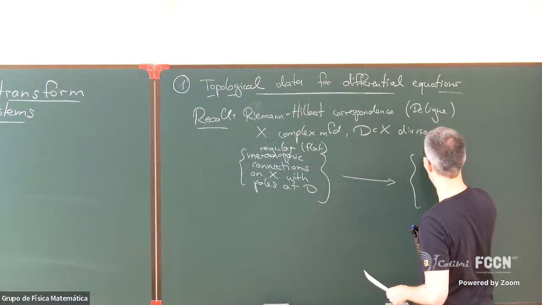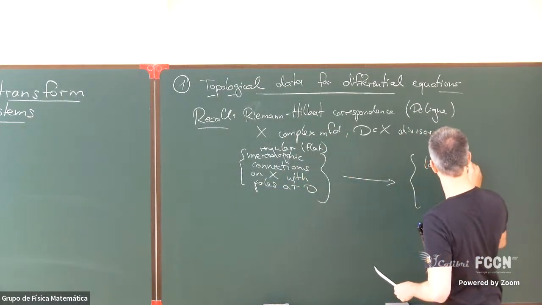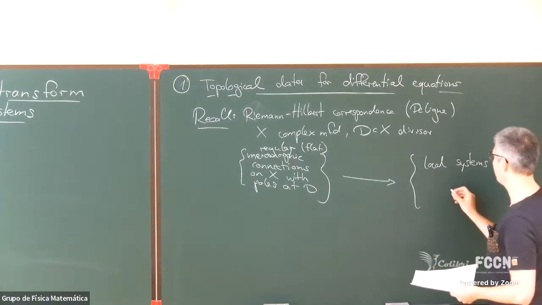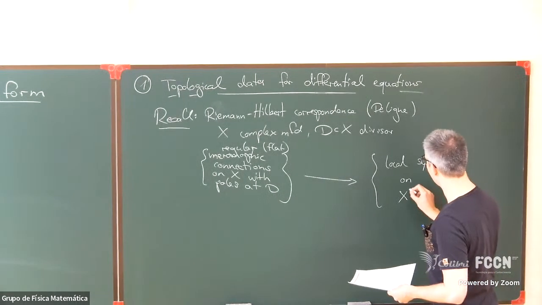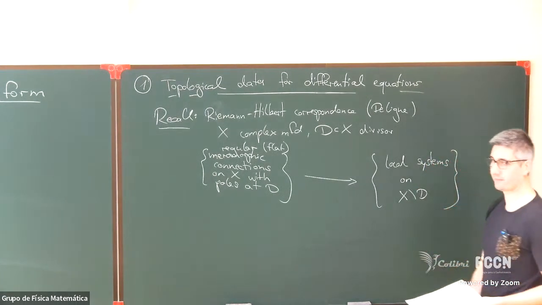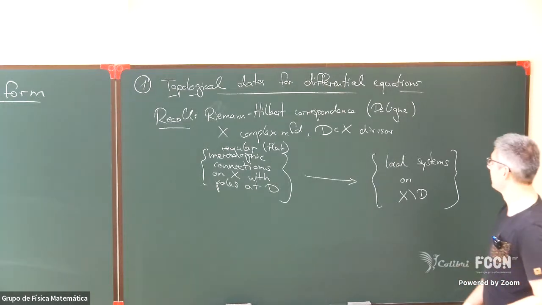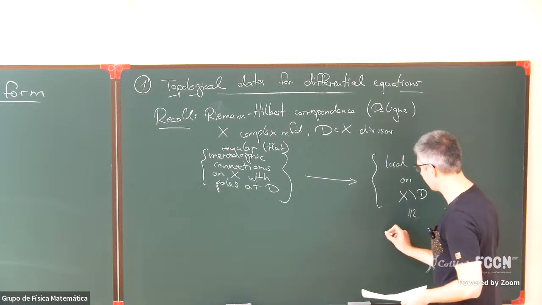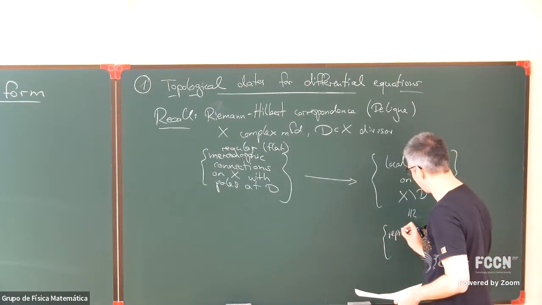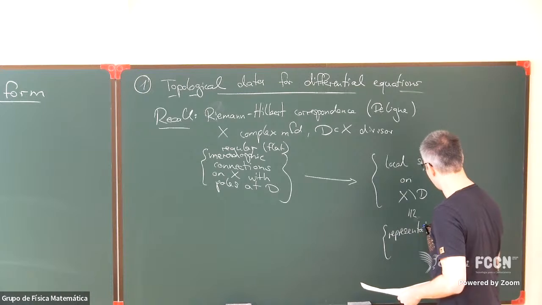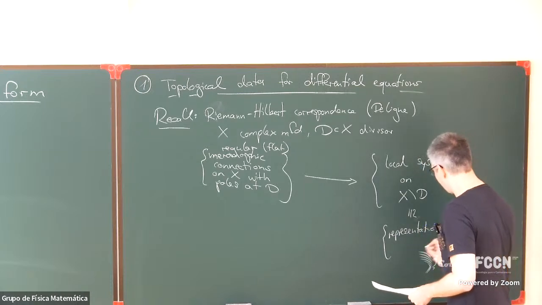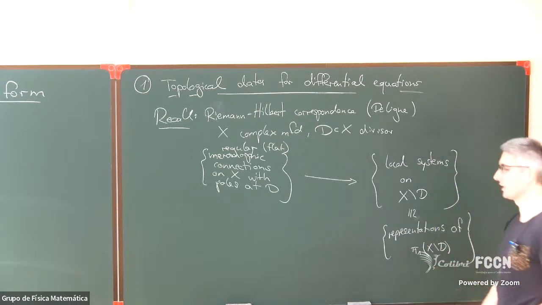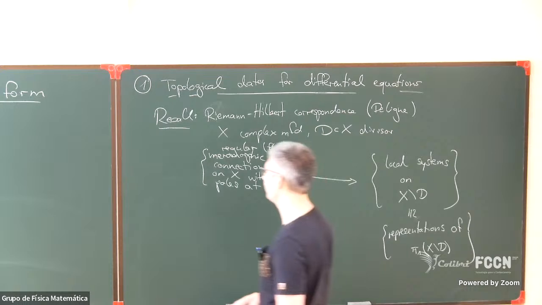And on the other side, yesterday it was called monodromy data. I call it local systems outside the divisor. So the local systems are basically the same as monodromy data, so representations of the fundamental group of X minus D.